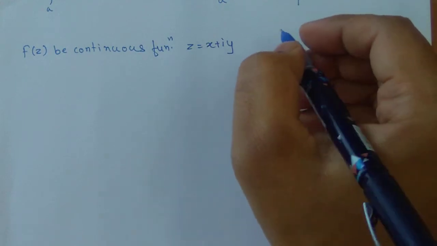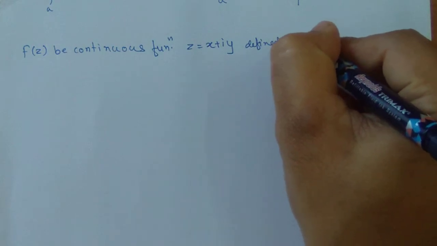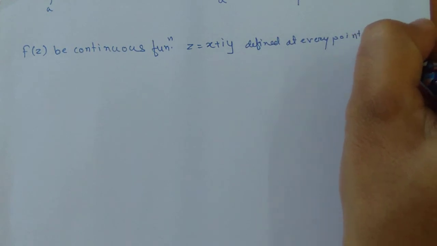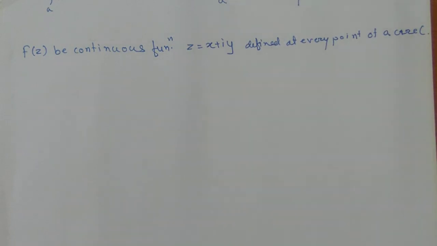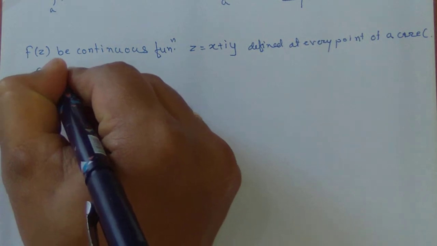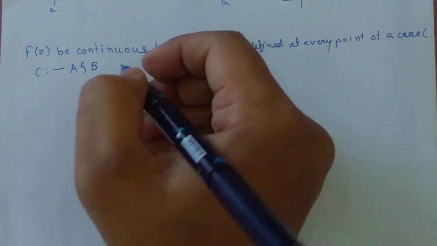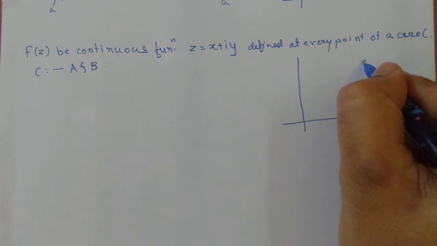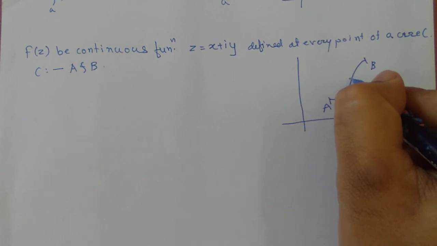It is defined at every point of a curve C. The endpoints of the curve C are A and B. Whatever the arc we have for the curve C between the points A and B, suppose this is our arc, these are the points A and B, and this is our curve C.